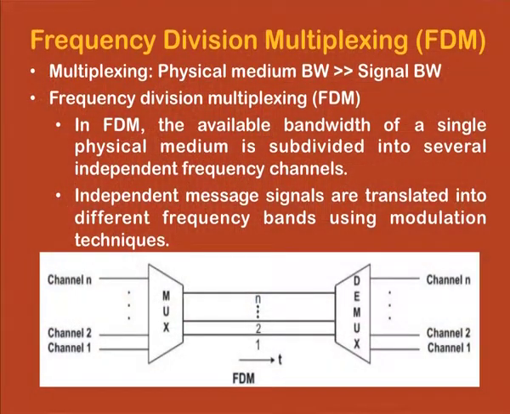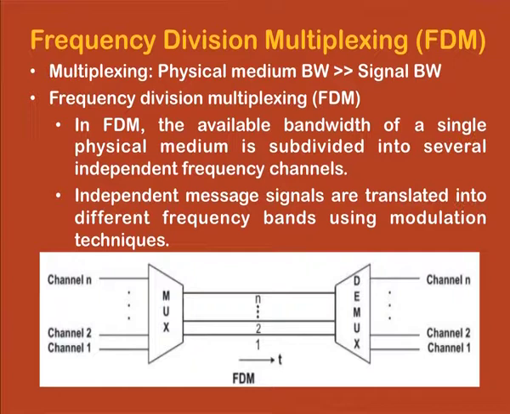In the case of frequency division multiplexing, the available bandwidth of the physical medium is subdivided into several independent frequency channels. The independent messages are translated into different frequency bands using different modulation techniques or different carrier frequencies for the same modulation technique, to be transmitted simultaneously over the given physical medium.